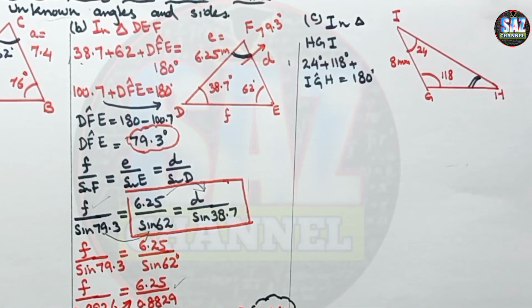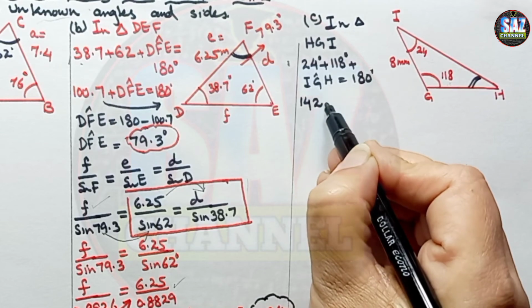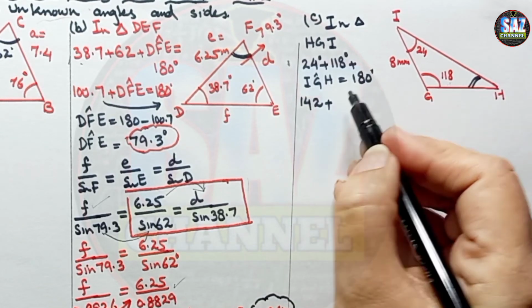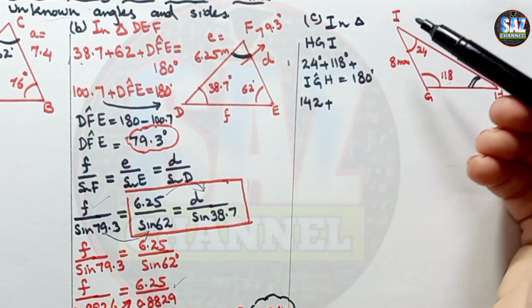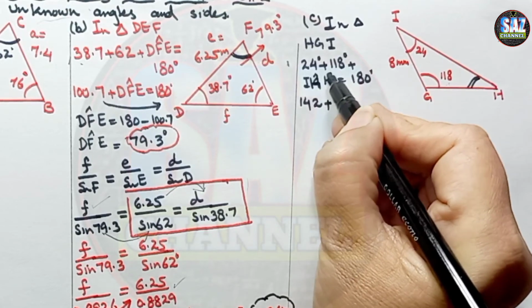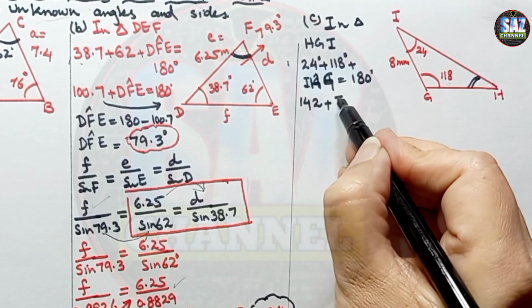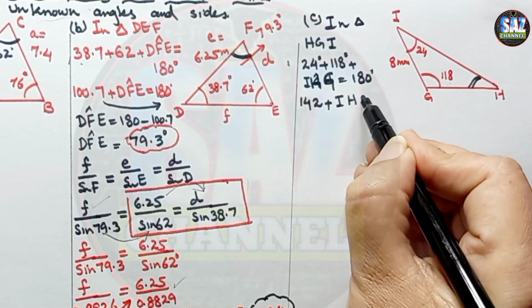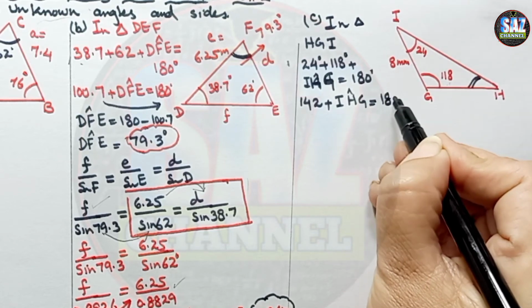Now add up 24 and 118, and this gives me 142. 142 plus angle IHG, H is the unknown angle, equals 180 degrees.